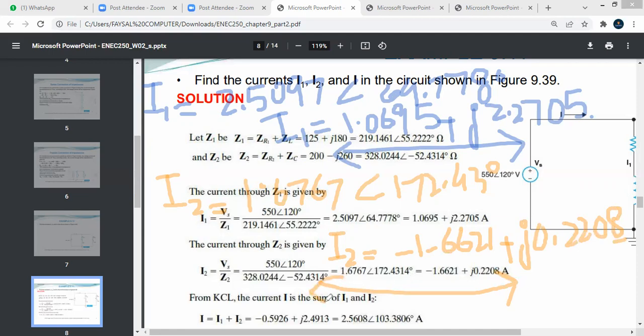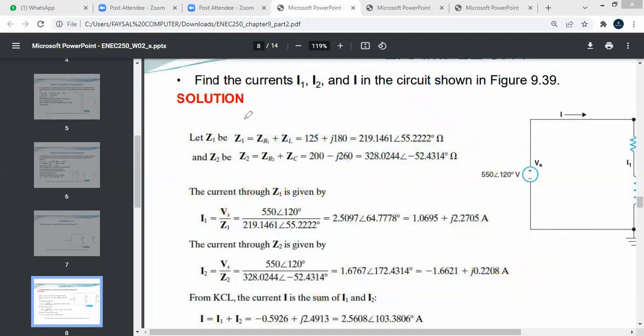So this is my part A to find I1 and this is my part B to find I2. Now, using real and polar form, we have to find the value of I. So this is the last part of this numerical.